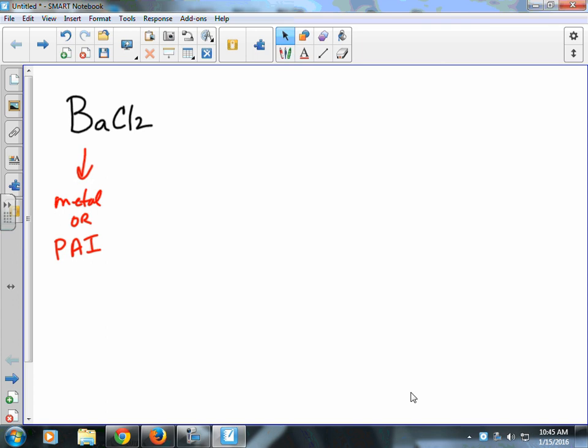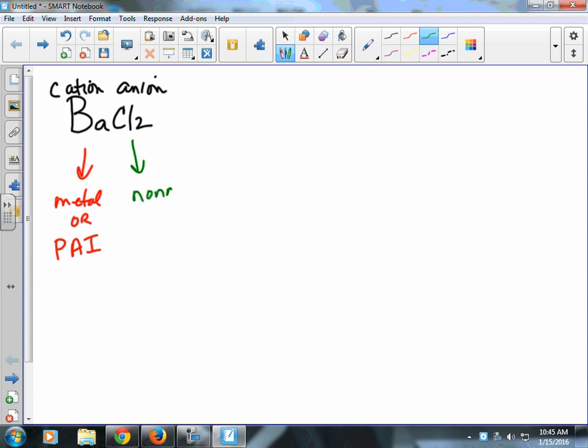And then the second thing in this formula will always be an anion, and it will always be either a nonmetal or a polyatomic ion. Okay?